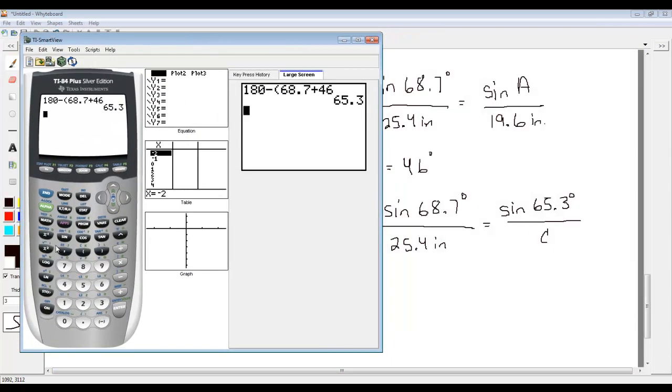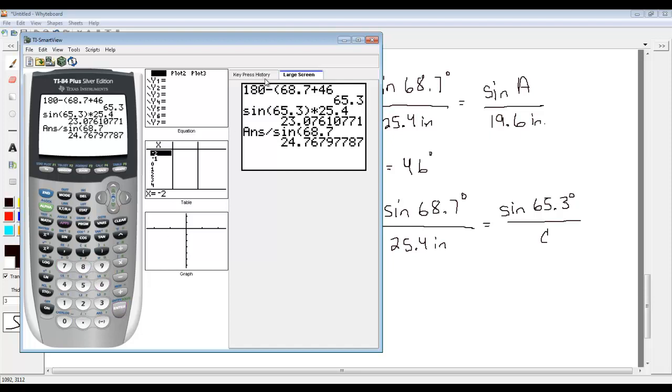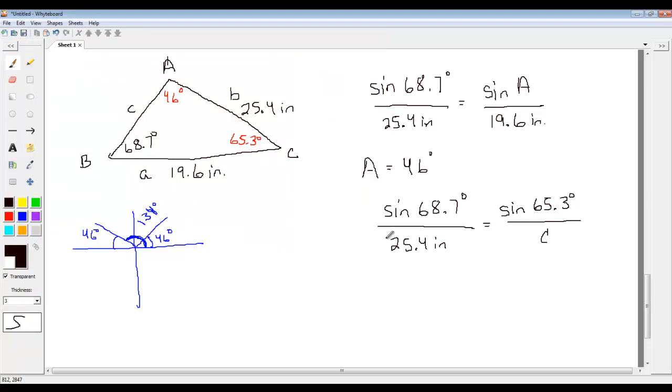Okay, so sine of 65.3 times 25.4 divided by sine of 68.7, and you get 24.8. So side C is 24.8 inches. And now you've solved that oblique triangle.